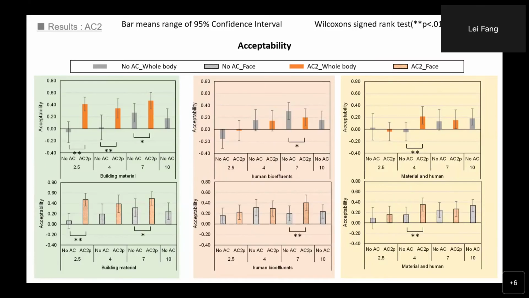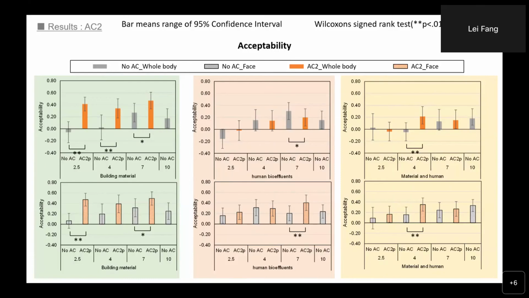In the room with human bioeffluents, the same trend, except at 7 liters per second per person, the air quality did not show improvement. However, this is slightly significant.